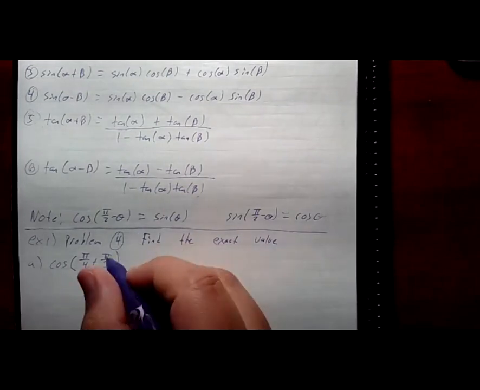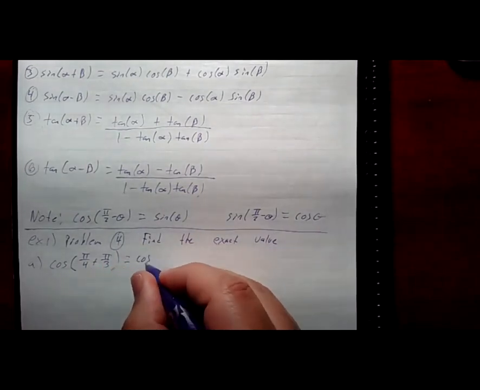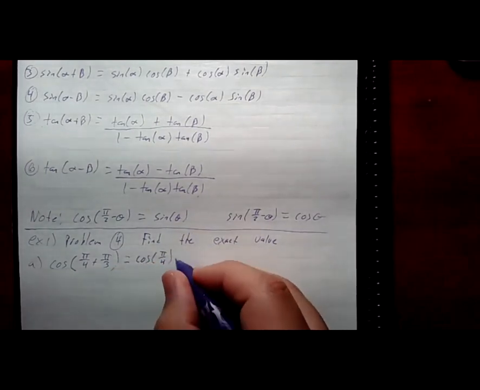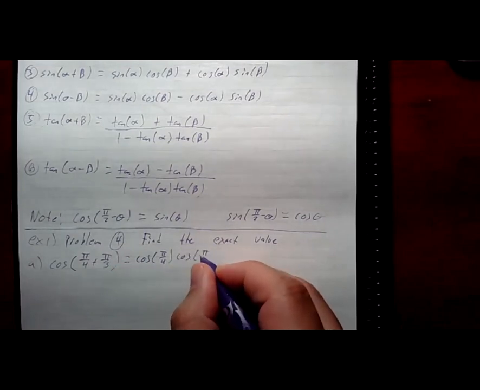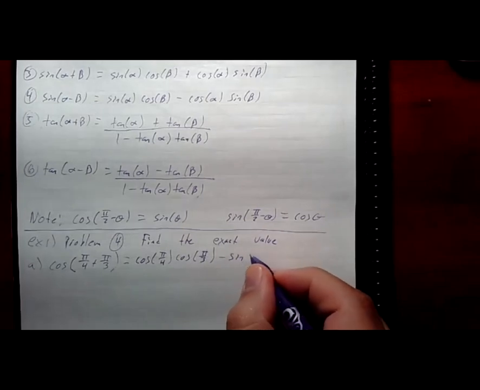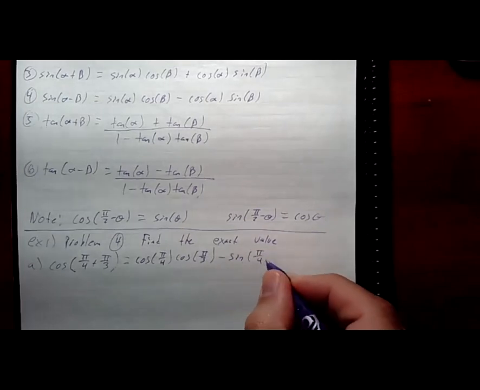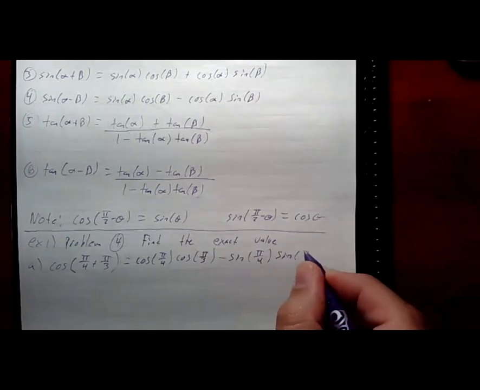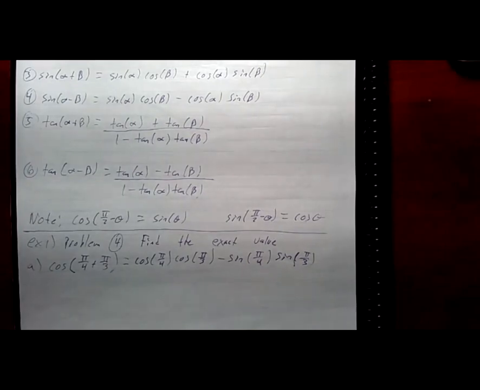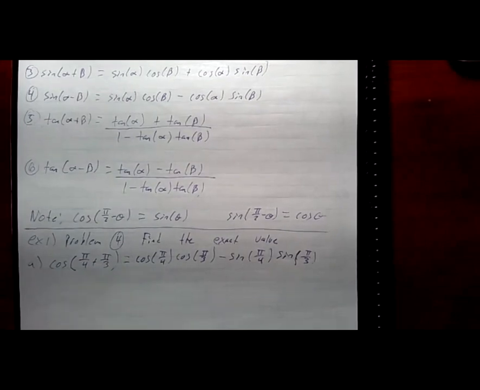So number 1 says this will equal cosine alpha, which is pi over 4, times cosine beta, which is pi thirds, minus sine of pi over 4, sine of pi over 3. So at this point, just look at your circle and figure out, okay, well, what is all this stuff?